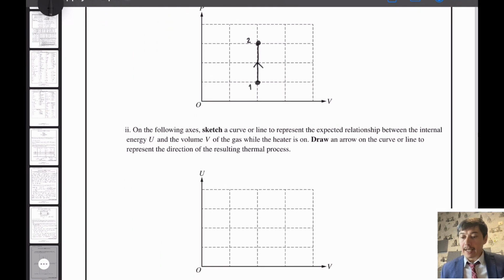Next, on the following axis, sketch a curve or line to represent the expected relationship between the internal energy and the volume of the gas while the heater is on. Draw an arrow on the curve or line to represent the direction of the resulting thermal process. Now let's remember the internal energy equation, which is equal to 3/2 times the number of molecules, Boltzmann constant, and temperature. When the gas was heated, obviously the temperature increased.